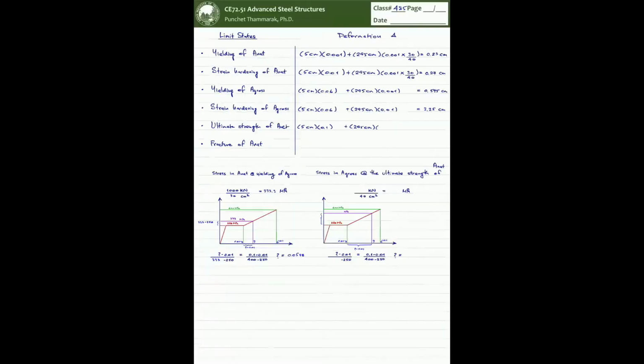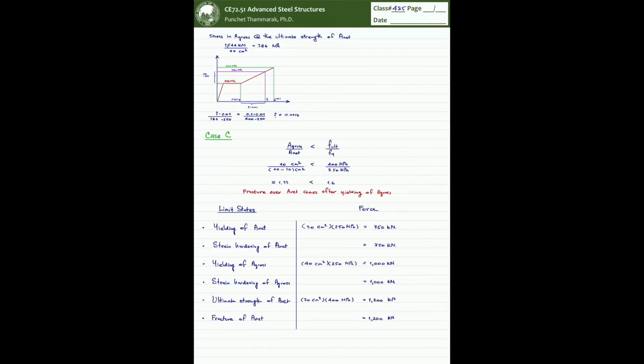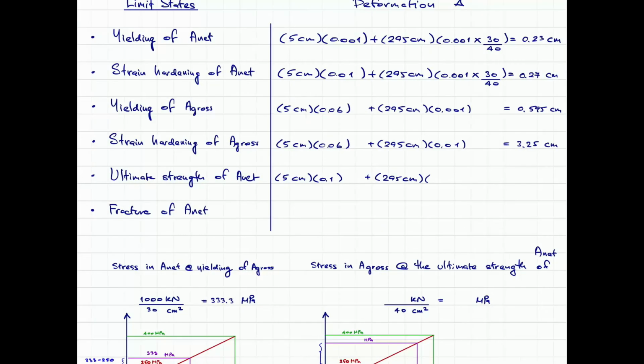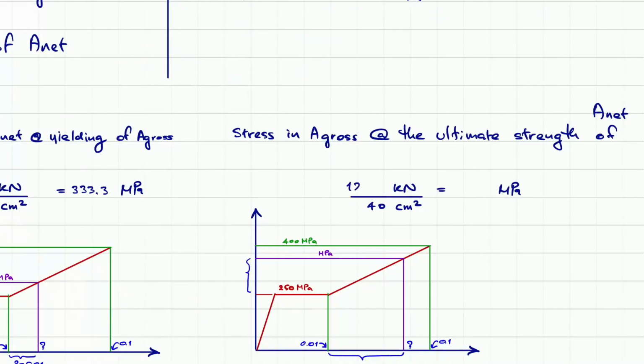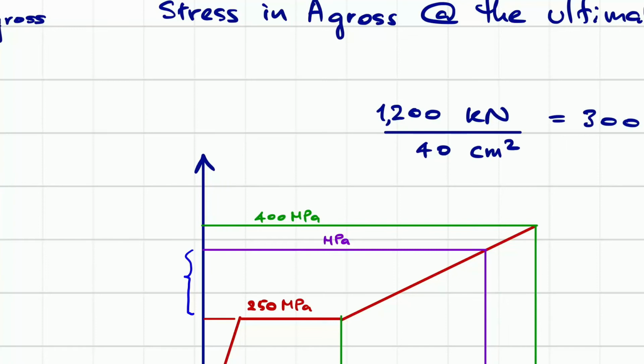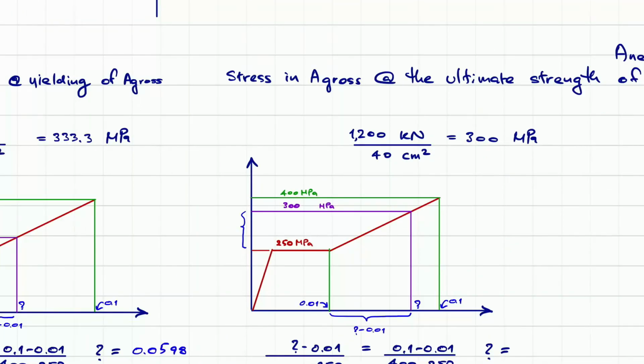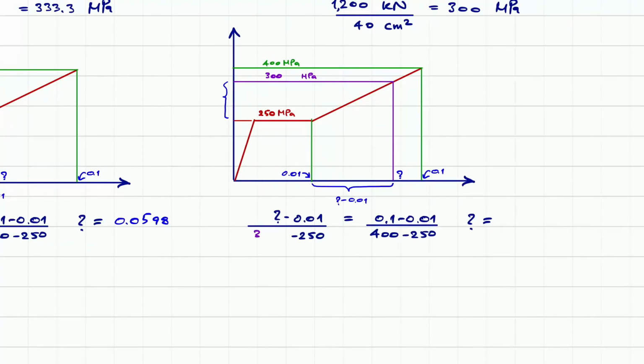Okay, so ultimate strength, what is that load? 1200. 1200 we bring it in here, that makes 300 MPa. A cute number.